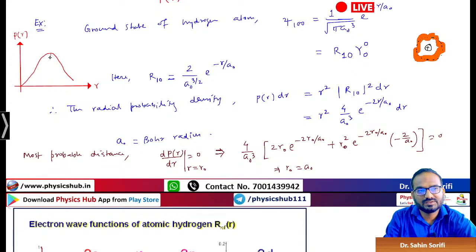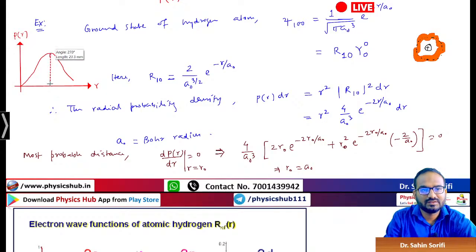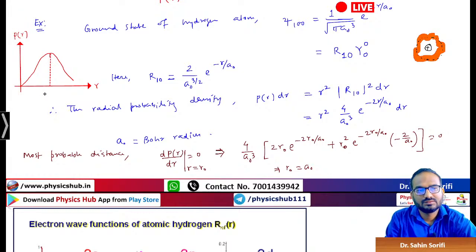The most probable distance is this one, and that is obtained at r equal to r naught, that is, at a naught.